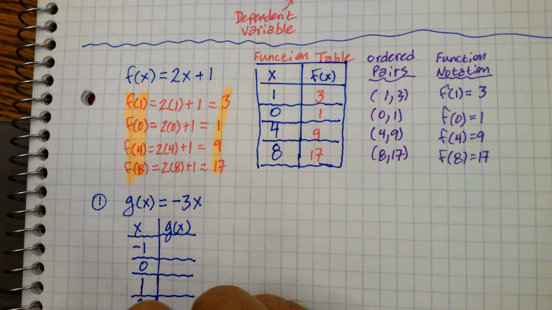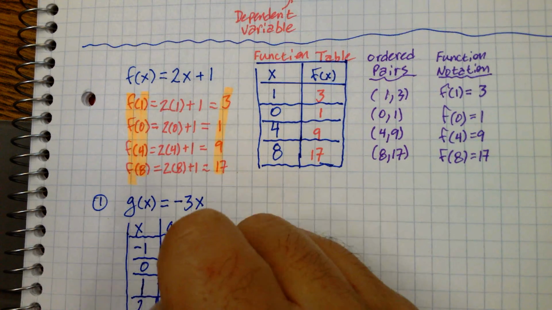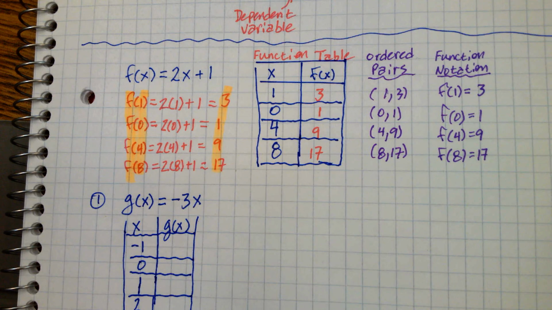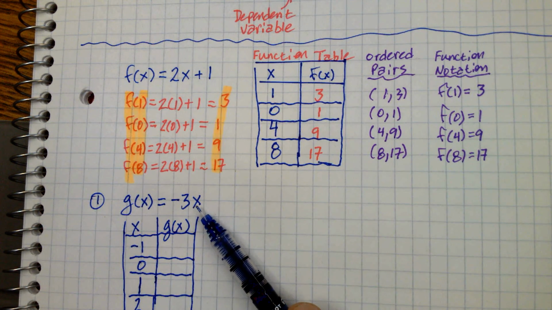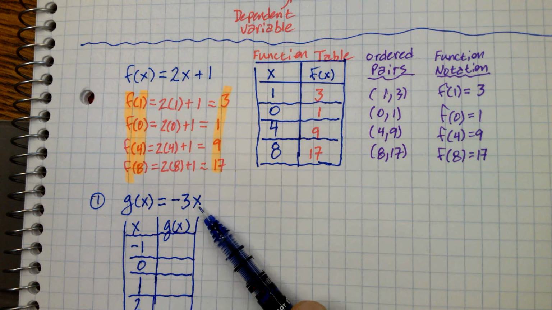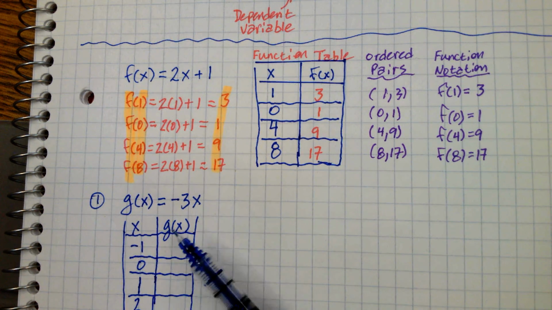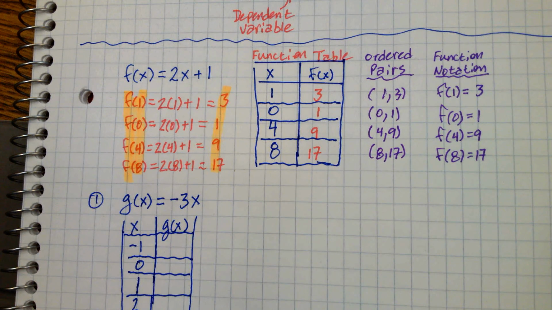So let's think about what the rule is telling us to do mathematically. Just look at this side and it'll tell us. It's negative 3, and then what do we do with that negative 3? Do we add, subtract, multiply, divide? Multiply with whatever x is. So it would be negative 3 times negative 1.